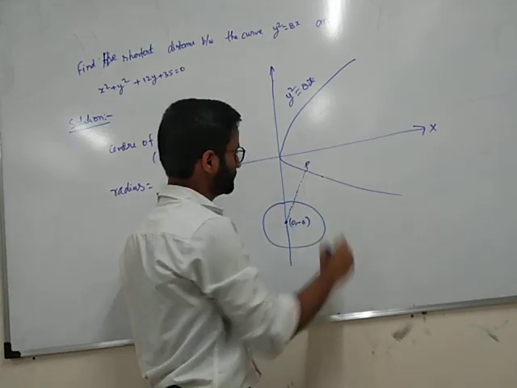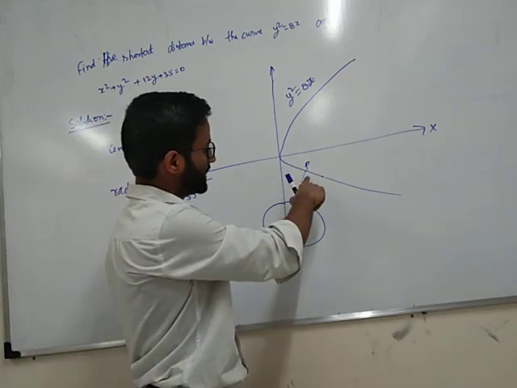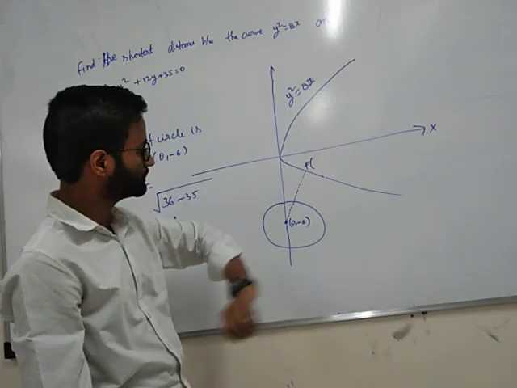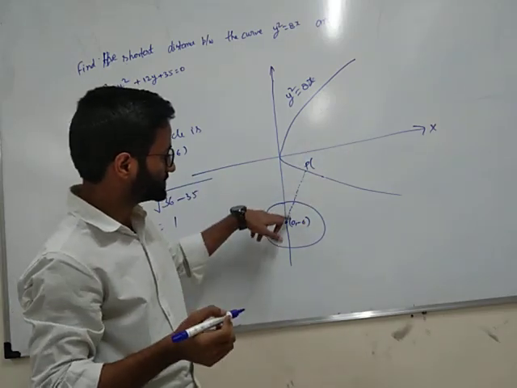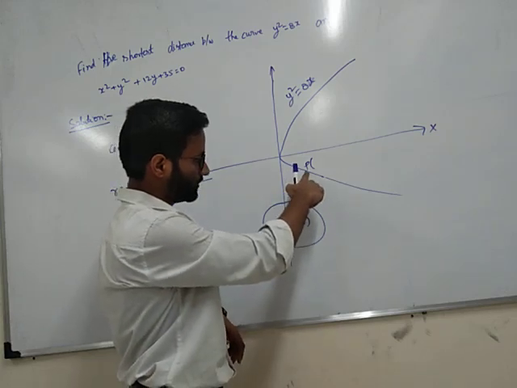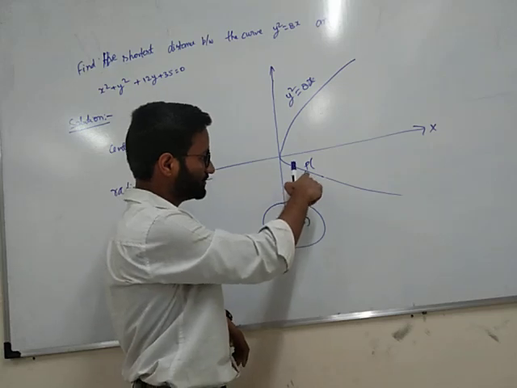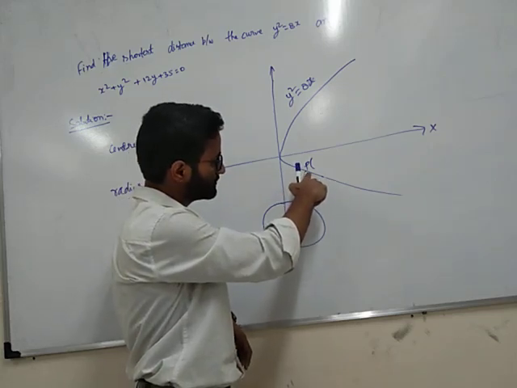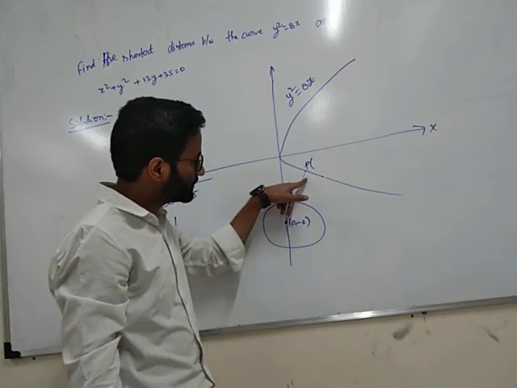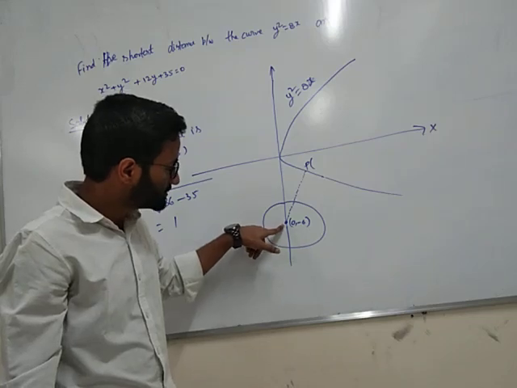At this particular point, wherever this distance will be shortest, the line will be perpendicular to the parabola as well as to the circle, and that perpendicular will pass through the center of the circle.